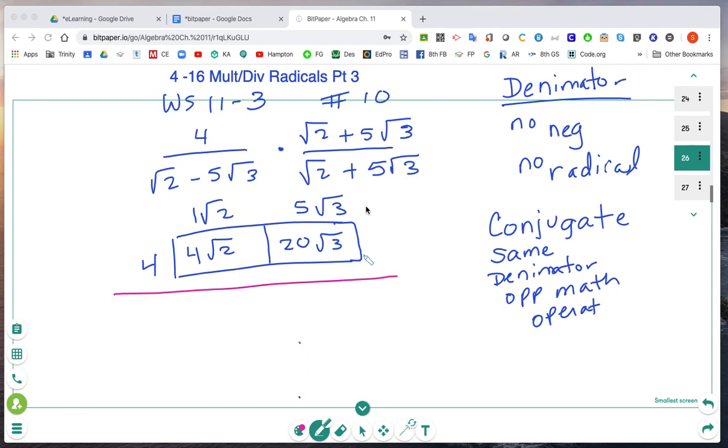Now I'm going to go down and do my denominator. For my denominator, I'm also going to box.